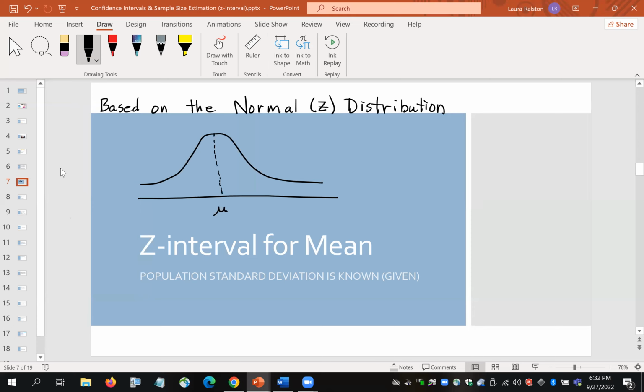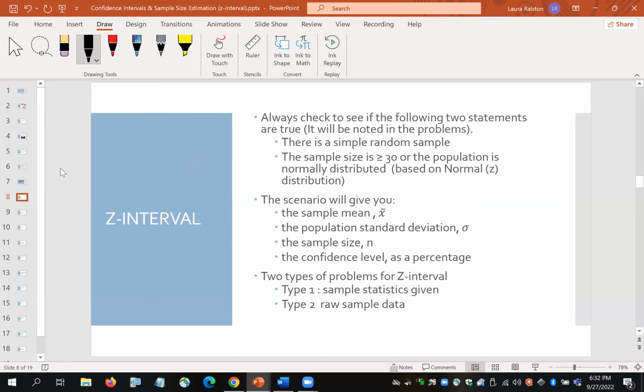So we base our Z interval on this normal distribution. When I begin to read the question, or if I'm trying to decide which one of the intervals I should create, should I do a Z, a T, or a proportion, because those are the three we're going to talk about, there are some things I can look for. One of the first things you want to be sure to do, and this is true of both Z and T, is that you have a simple random sample.